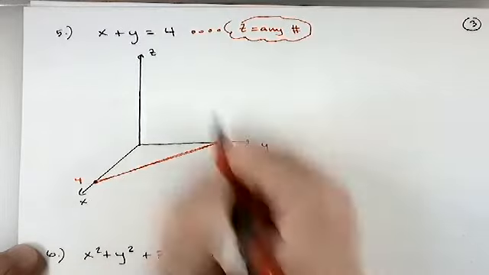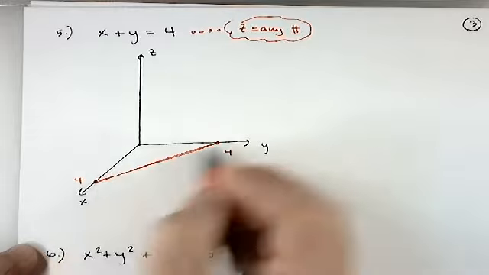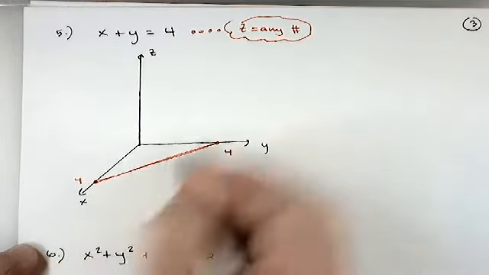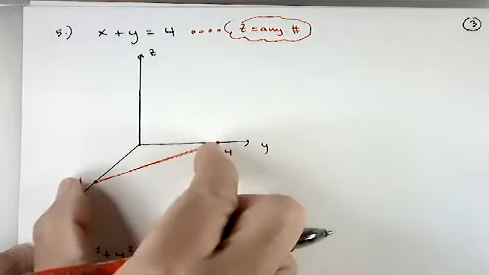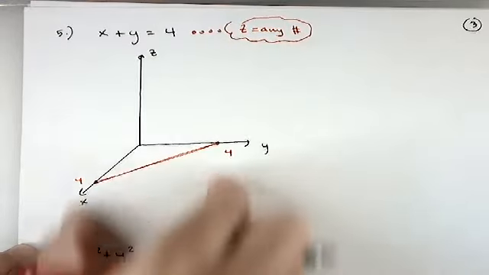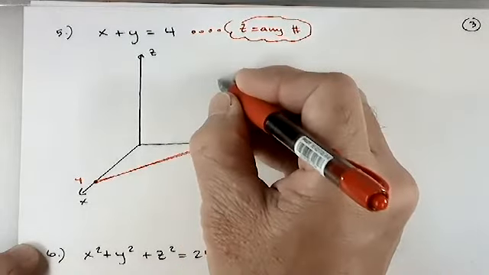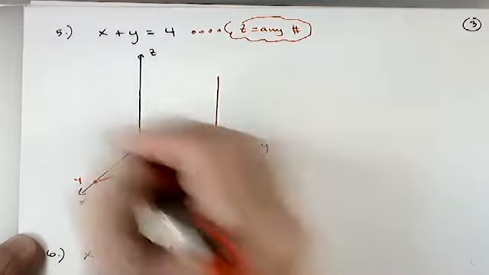Just like you're plotting a line. Once you have 2 points, just connect them with a line. But this right here is a line where z is equal to 0 because I'm in the xy plane. But if z can be anything, what that kind of means is you could imagine this line lifting upward and downward, stretching it out. It's actually going to look like, let's see. So I'm going to stretch it vertically.